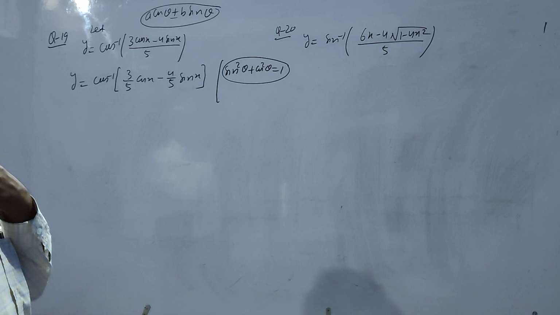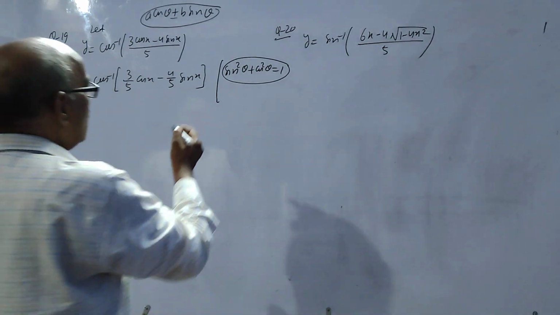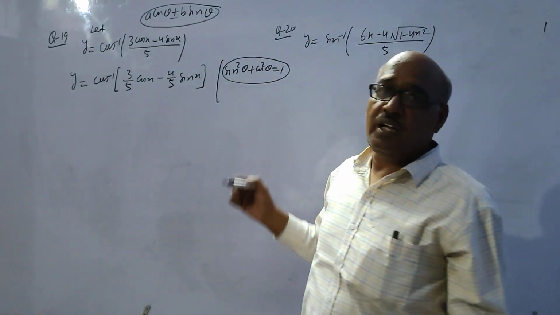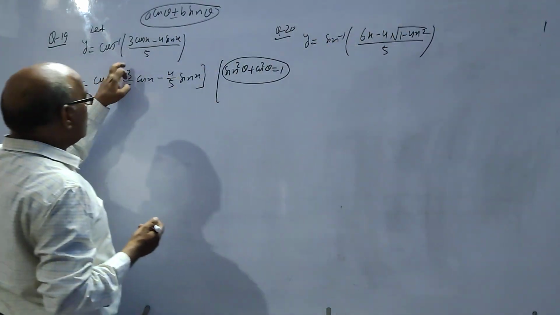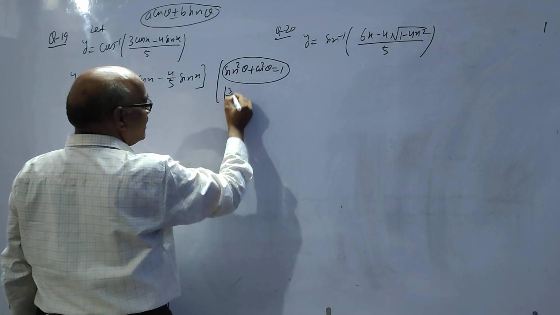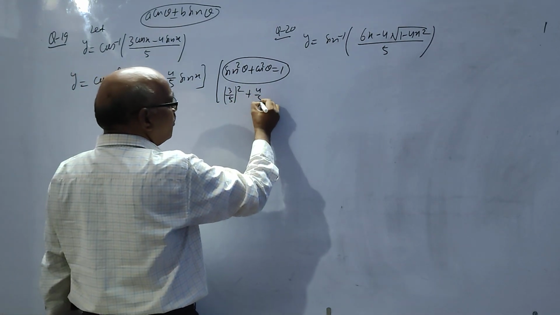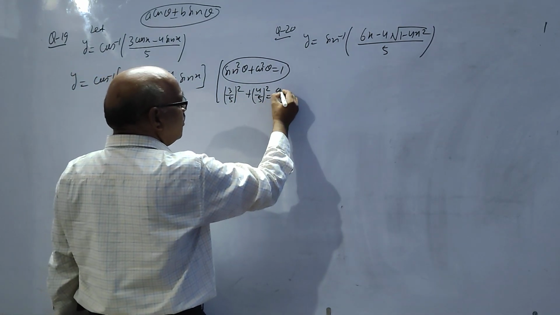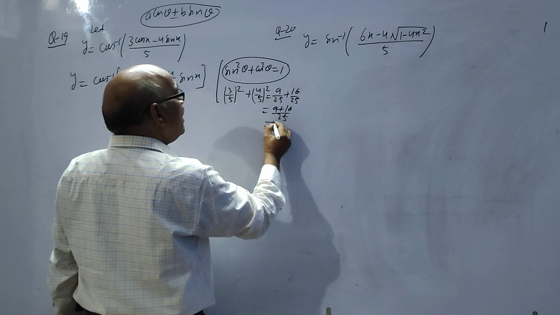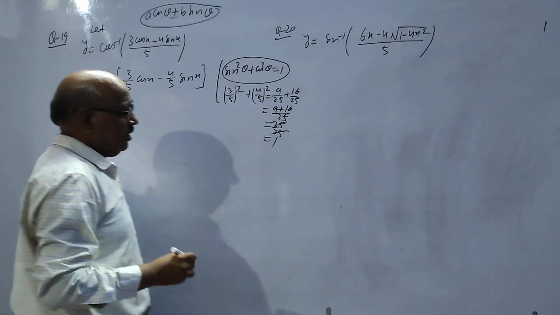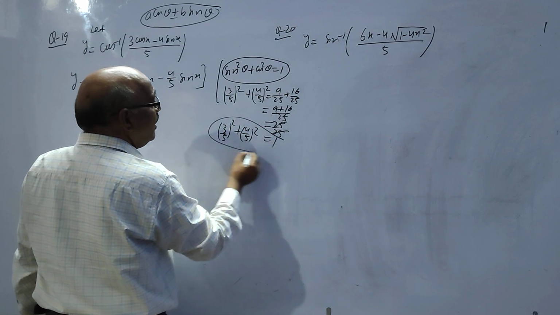Whatever is the value of theta, sin square theta plus cos square theta is equal to 1. That means if two numbers have squares summing to 1, and one value is of cos, the other will be of sin. Here see, the coefficient of cos x is 3 by 5, take its whole square. The coefficient of sin x, take minus 4/5 or 4/5, that is 4/5 to whole square. Simplify this: 9 upon 25 plus 16 upon 25, 9 plus 16 upon 25, 25 upon 25, that is equal to 1. What does this mean? 3 upon 5 to whole square plus 4 upon 5 to whole square is equal to 1.